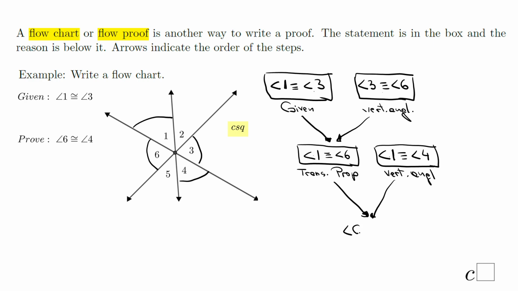Angle 6 has to be congruent with angle 4. No way around it, right? They are congruent with the same angle 1. And this is what we call the transitive property. So this is a flowchart or a flow proof that is very similar to the previous slide, where we did a 2-column proof.